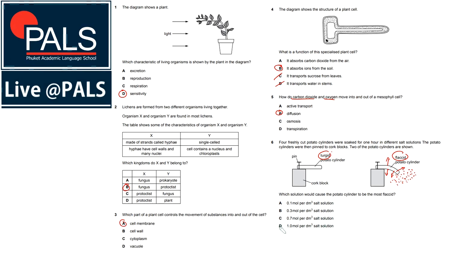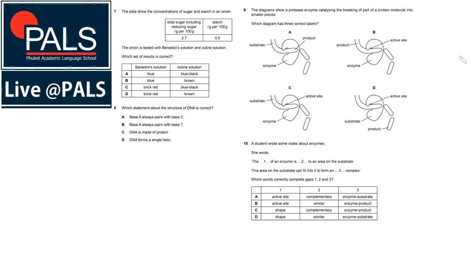So therefore we pick the highest concentration of salt solution, 1 mol per decimetre cubed. Highest concentration of salt, one more time, will have the lowest water potential, so water moves out of the potato cells by osmosis.